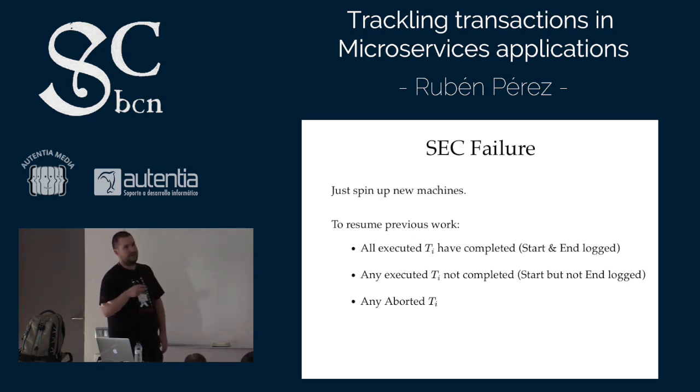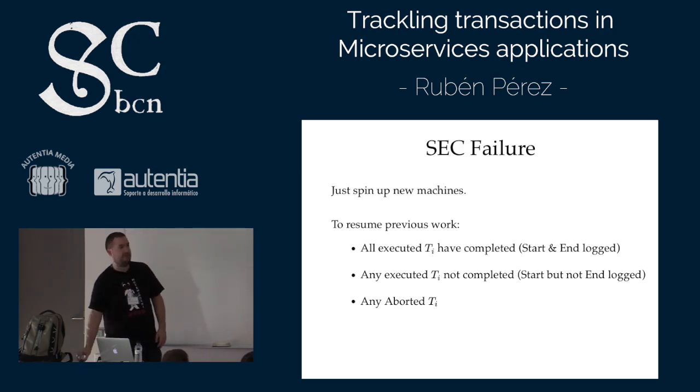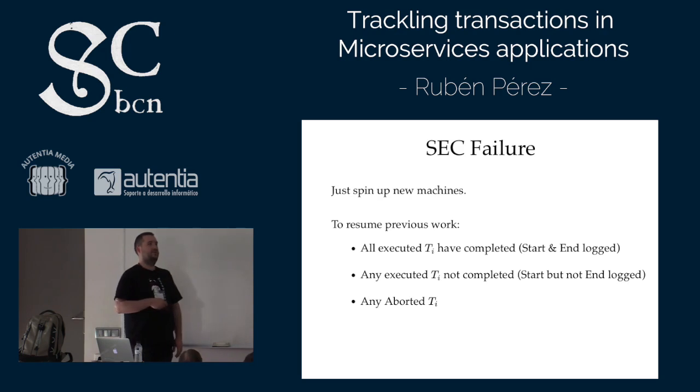So you are sure that each step succeeded, so you can just move on and complete the steps that you have not executed yet. Next one, we have any sub-transactions with a start but not an end. So you don't know if that completed or not. In that case, we do the same thing as before. We retry until it succeeds and then move on from there.